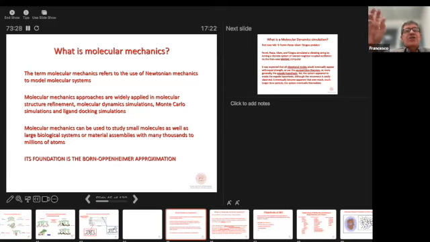And the rationale that is given is that the masses of the nuclei are much heavier than the masses of the electrons. And so in practice, what you see is that the nuclei effectively are frozen with respect to the motion of the electrons.